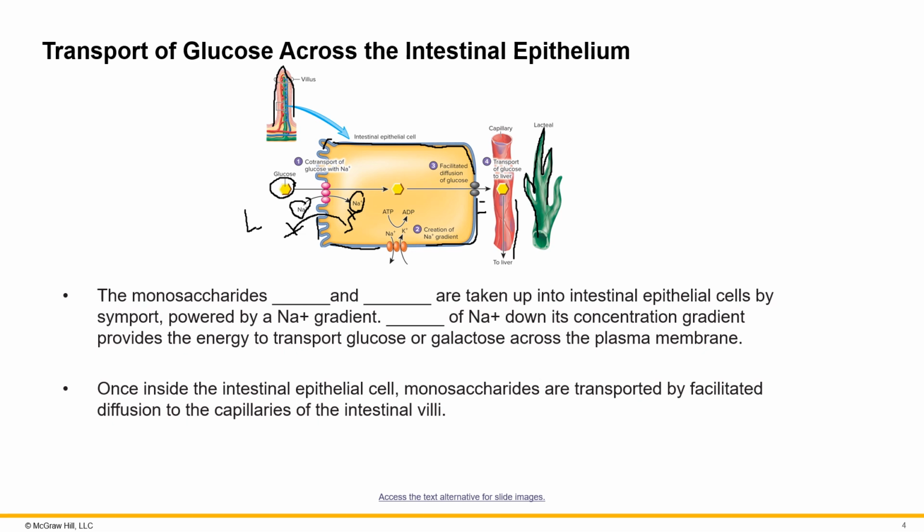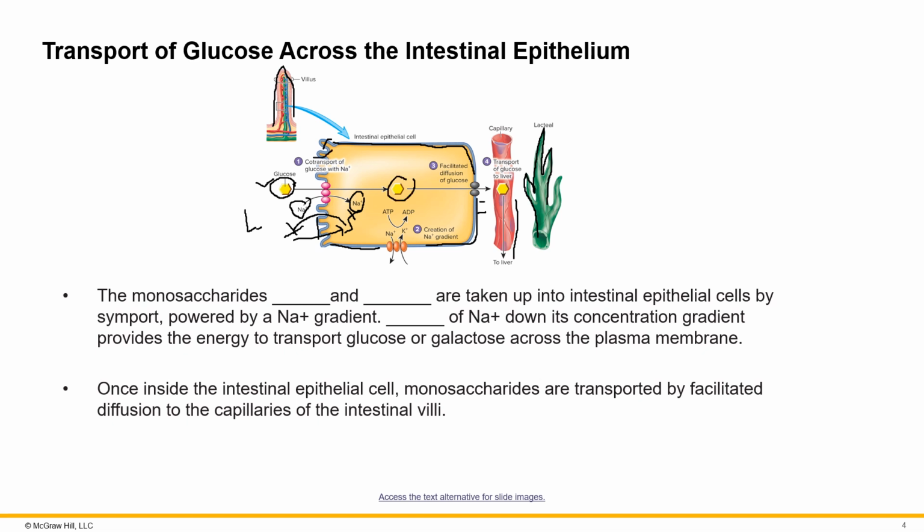As sodium is diffused from outside of the cell to inside of the cell, so is glucose. The monosaccharides glucose and galactose are both co-transported along with sodium.